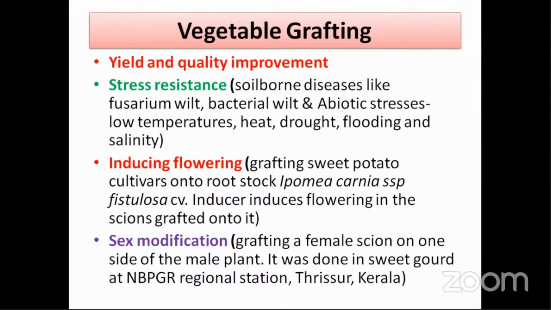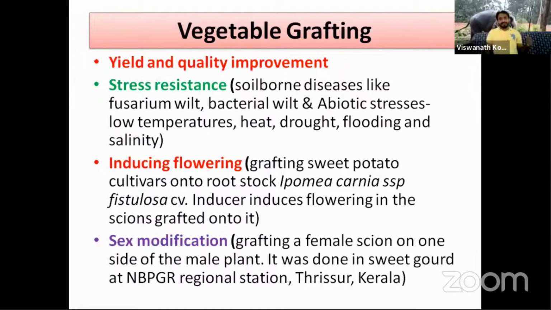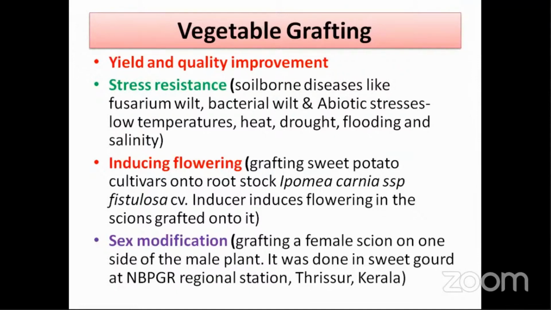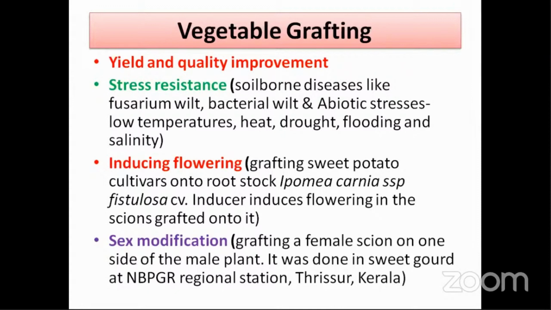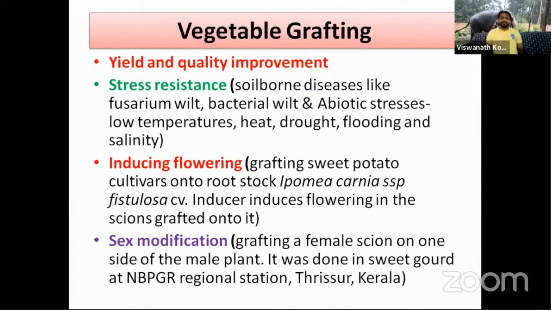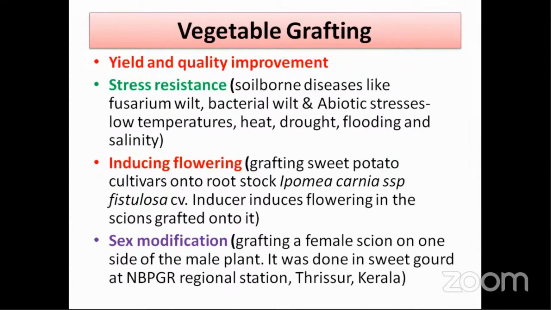They occupy the land, but they do not produce any fruits. But what happens when you graft a female scion onto this male parent? The lower portion of the stalk produces the male flowers, and the female scion produces the female flowers. So you can convert these unproductive 10% male plants also into productive ones.